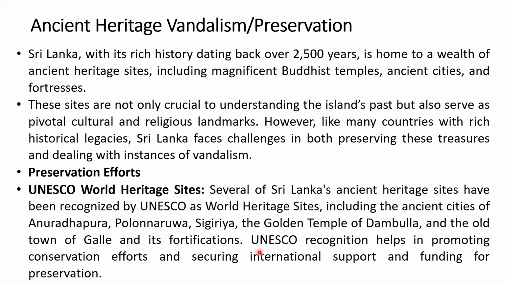Now, this ancient heritage, how do we preserve? That's the other main concern, for Sri Lanka to overcome these challenges to preserve these treasures and deal with instances of vandalism.